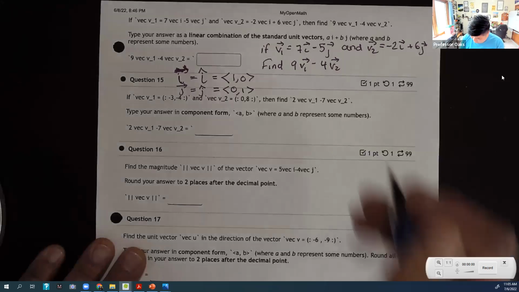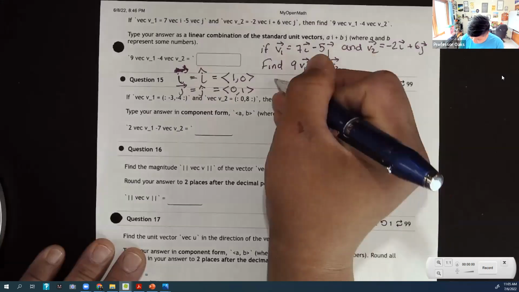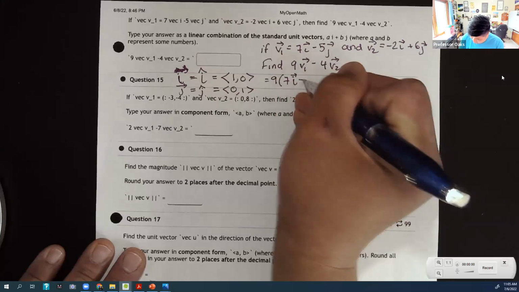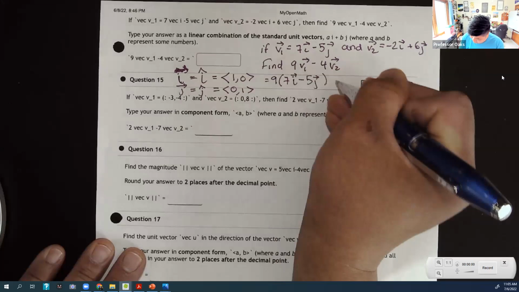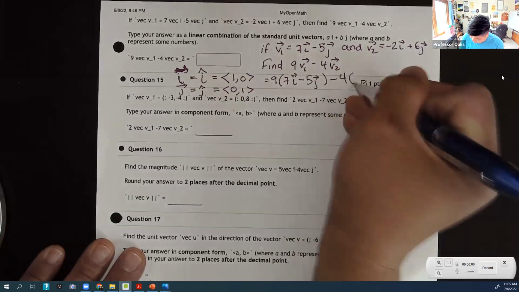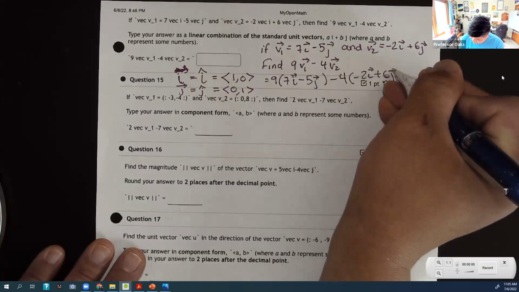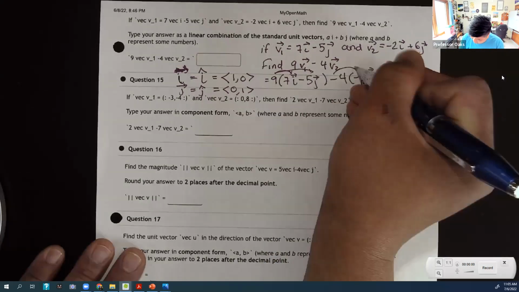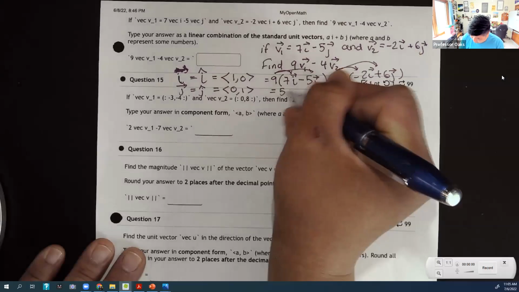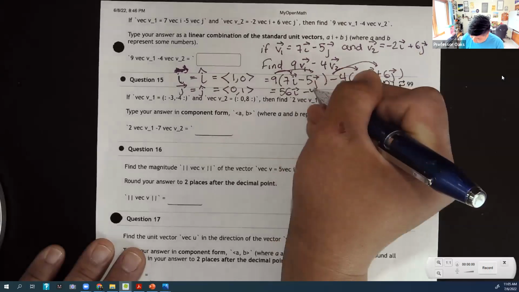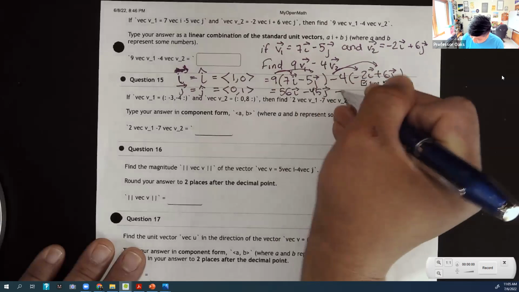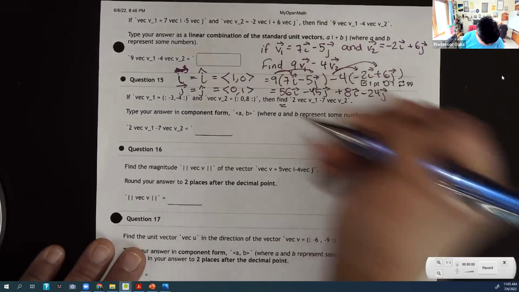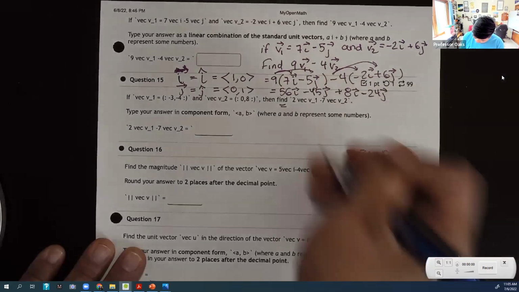You can just substitute 9 times 7i minus 5j, and then minus 4 times negative 2i plus 6j in, and then distribute just like you normally would, and get 63i minus 45j plus 8i minus 24j.